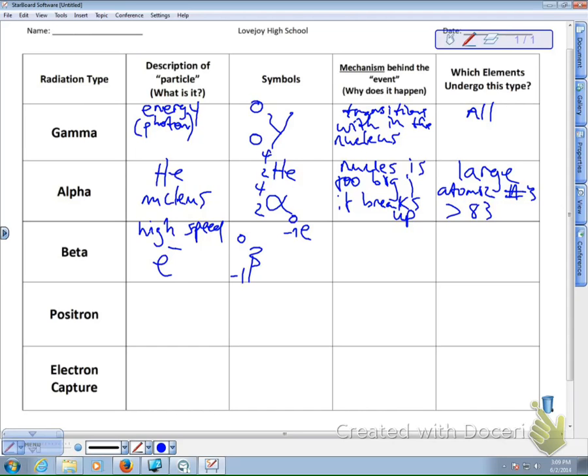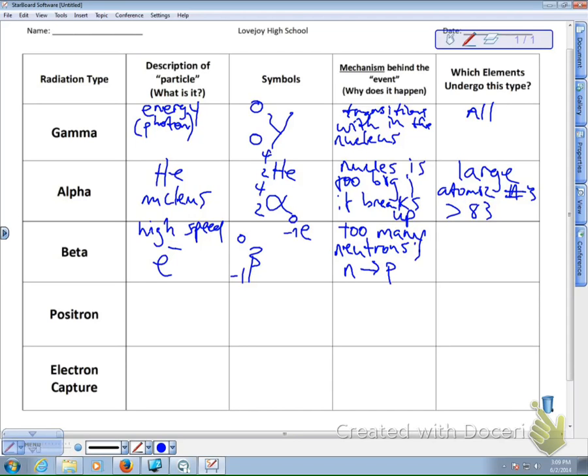Why does it happen? Well, this one is a more specific reason. It happens when you have too many neutrons. So as a result, a neutron is converted into a proton.